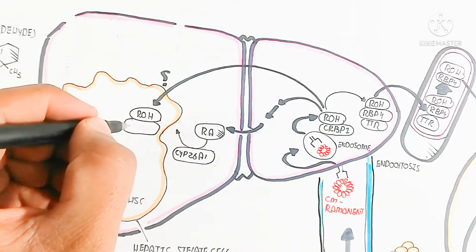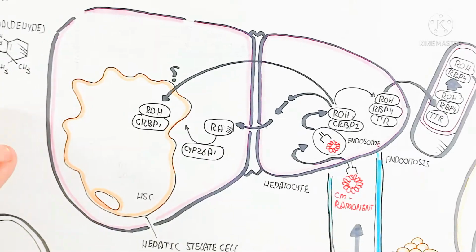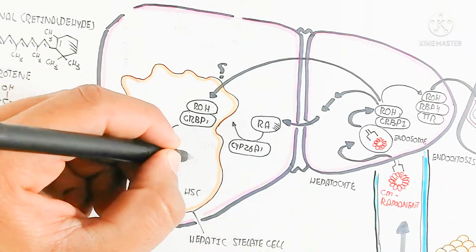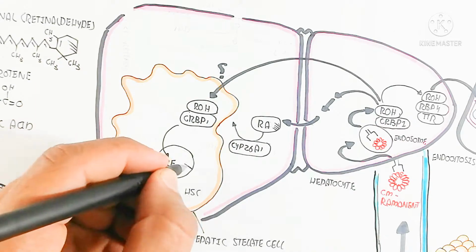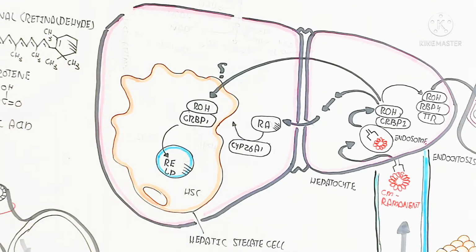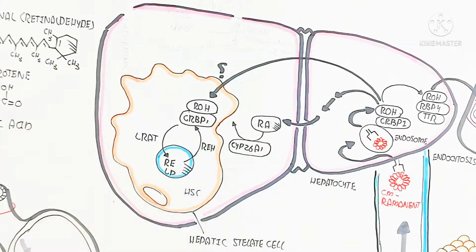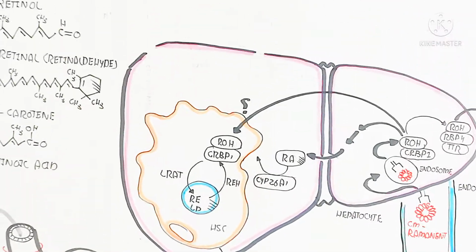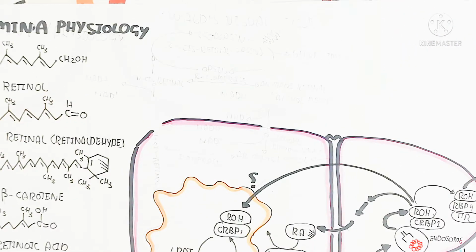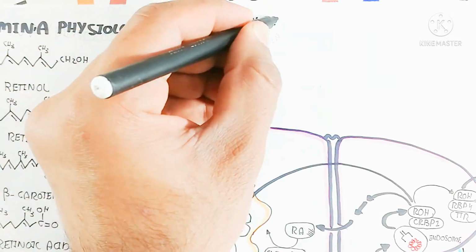So in this way, here is also the hepatic stellate cell, which is also used for the reserve of the retinol with the carotene binding protein 1, and this is the retinyl ester formation, basically the loading of the retinol, and here LRAT is the enzyme used for conversion of the retinol into the retinyl ester.